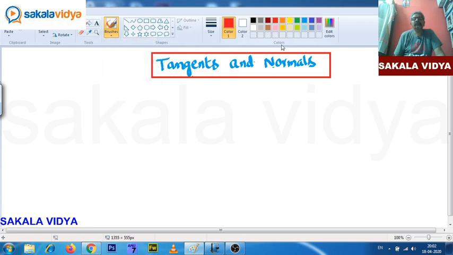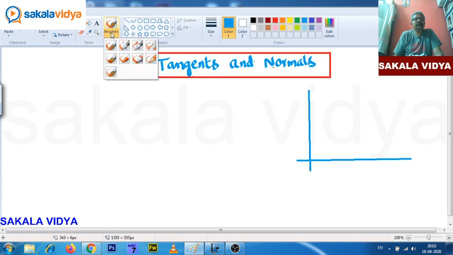So now, let us have a discussion on, first of all, tangents and normals. Let us consider the coordinate axes.